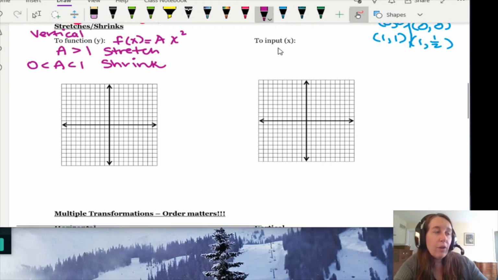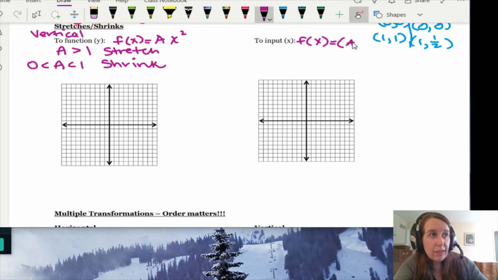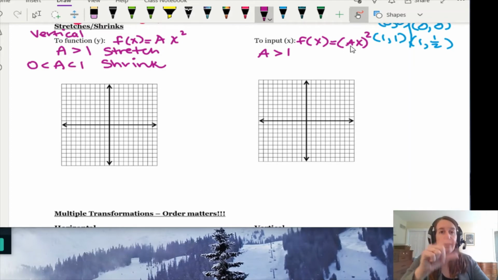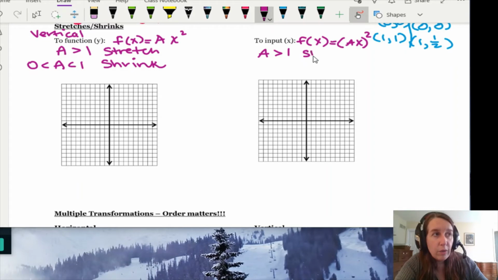And then for the input, if it's happening to the x, that actually we didn't see above. That would look something like parentheses a times x end parentheses squared. So notice that it's happening to the x rather than to the entire function. In this case, if a is greater than 1, well, we have to undo what happens to x. So that is going to be a shrink.